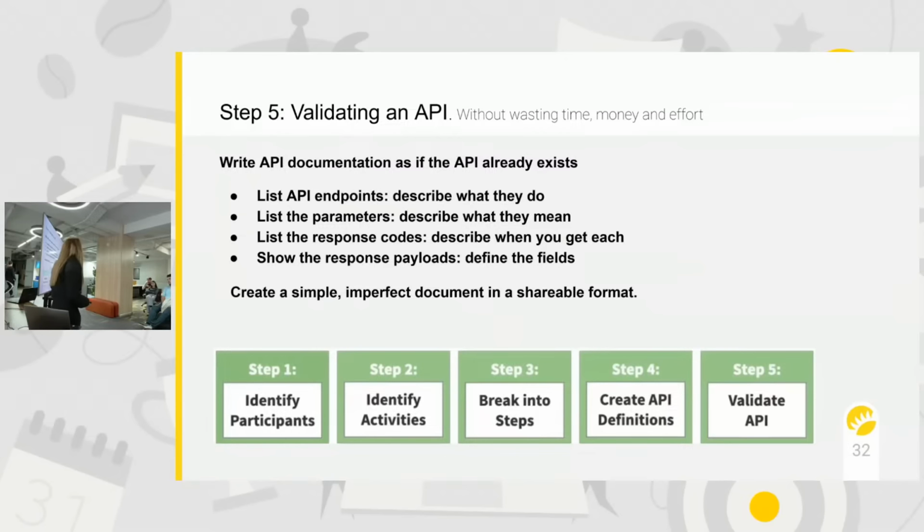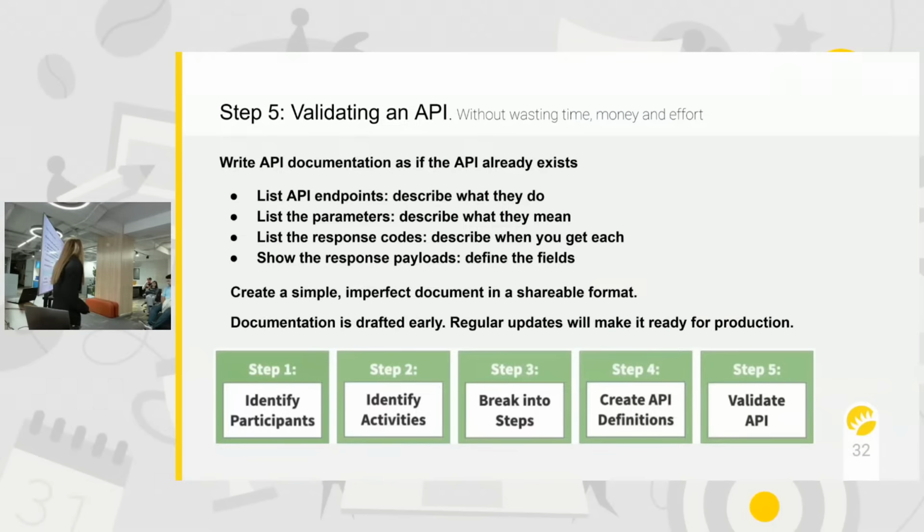We also need to create a simple, very imperfect document in a shareable format for others to see. Once we draft documentation, we can have review sessions and updates to make it ready for production.